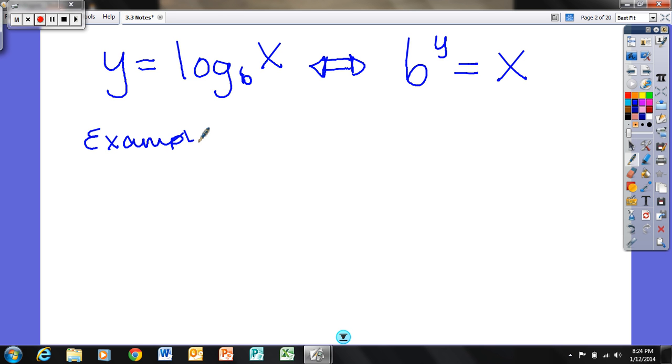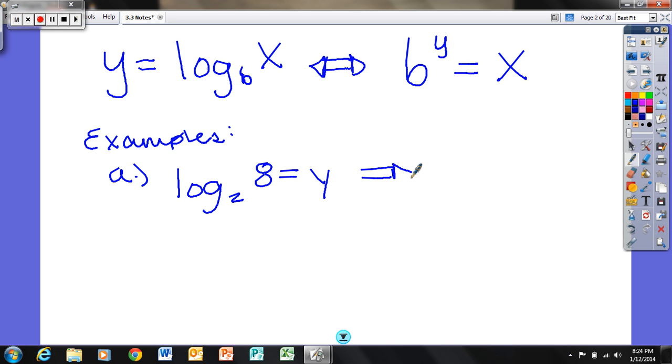Our first example, I'm going to call this one letter A. I want you to solve log base 2 of 8. We're going to set that equal to y for now. So what we have to think about is our base 2 raised to the y is equal to our x, which in this case is 8.